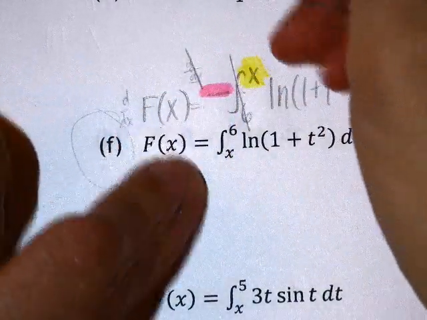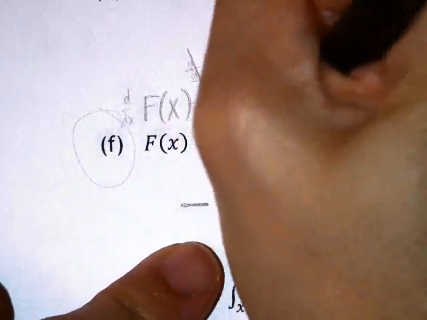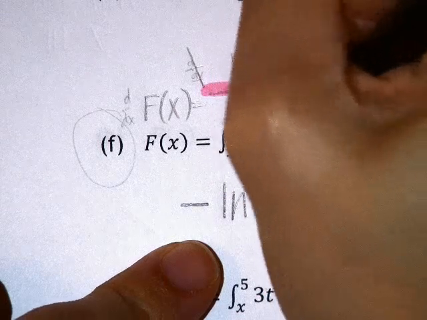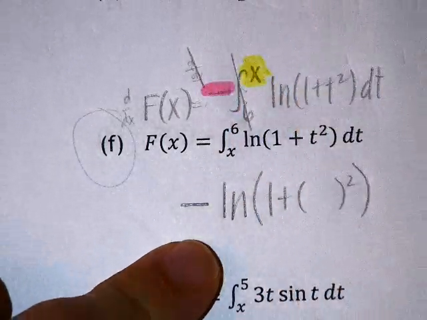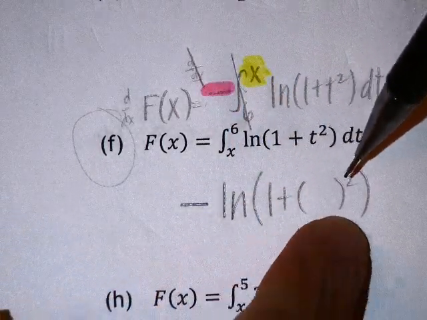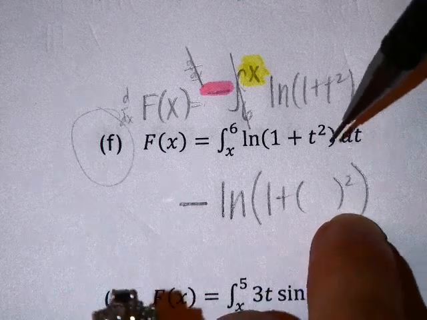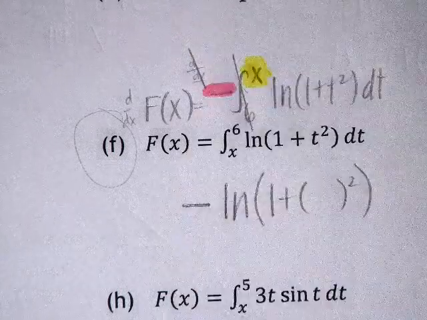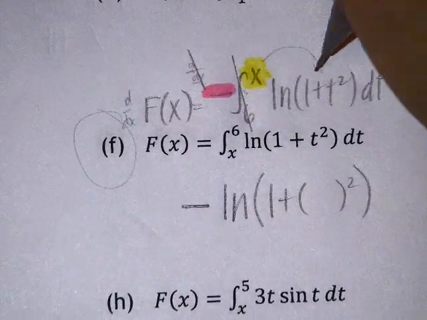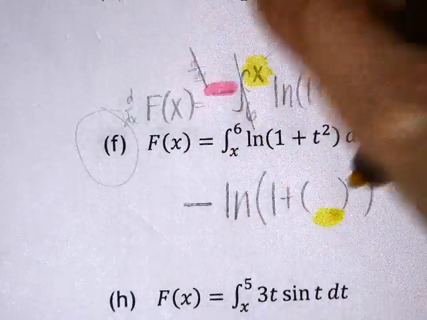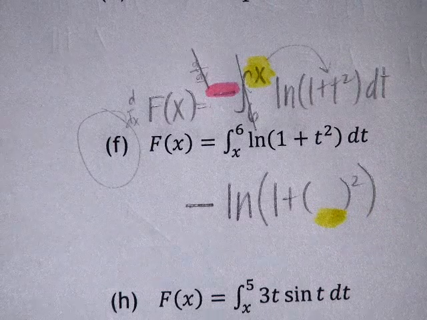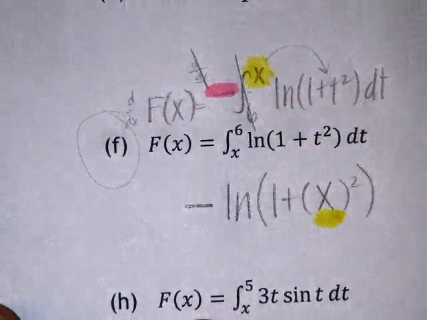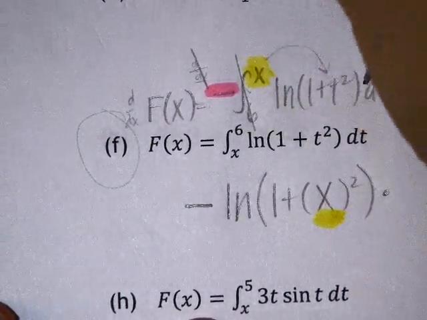Then, after you cancel, write out the original function. Just leave a space where the dummy variable was. So ln of 1 plus something squared. In that dummy variable spot, I'm going to plug in the x. So x plugs in. And again, I'll just remind you with a little yellow that's where that's coming from. x plugs in, times the derivative of what I just plugged in.